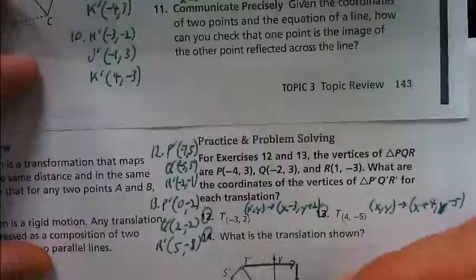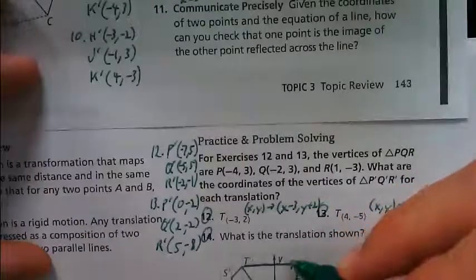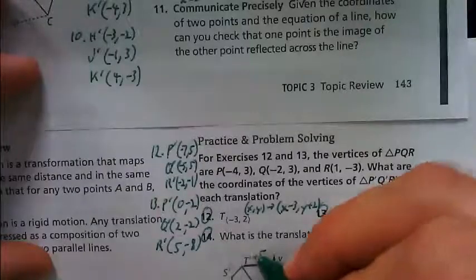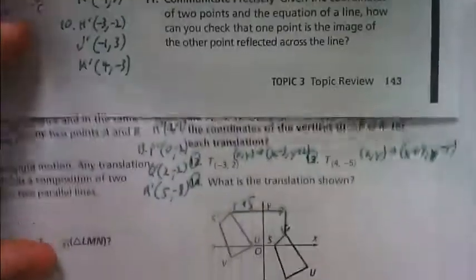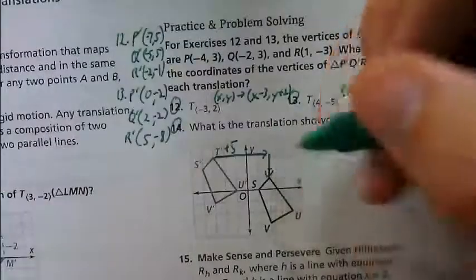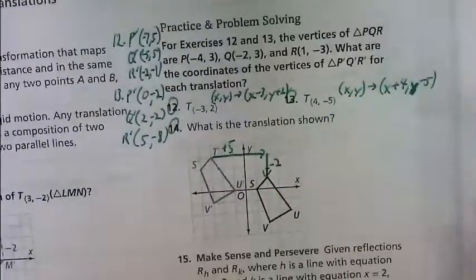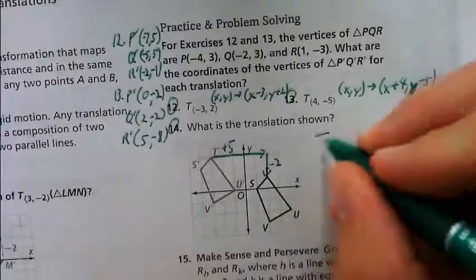So it's going this way, and then this way. So we're going positive 1, 2, 3, 4, 5 units to the right. And then we're going 2 units down. So negative 2.